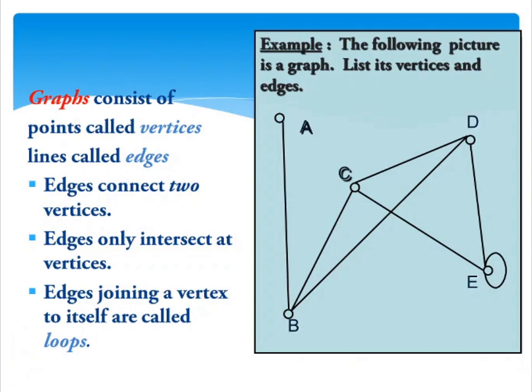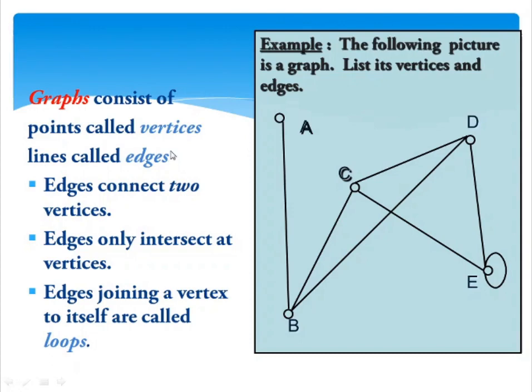So first of all, what do I mean by graph? This is the definition of the graph. A graph is nothing but a set of all vertices and edges, or you can say the graph consists of the points that are called vertices and some lines that are called edges.